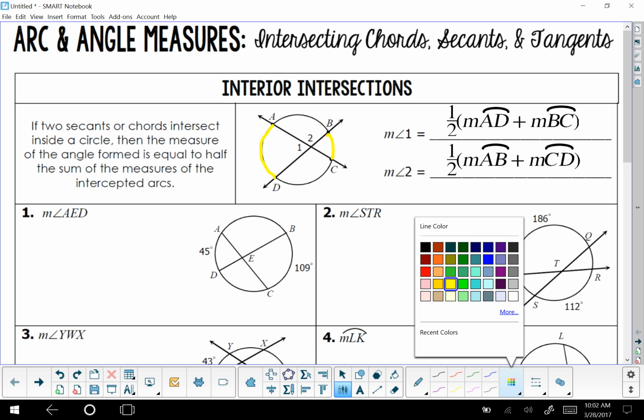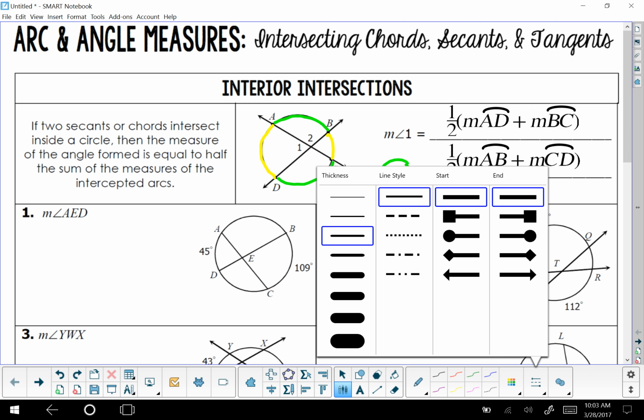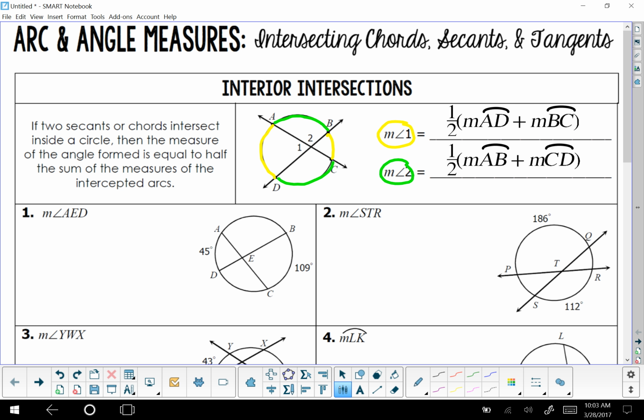In order to find angle 2, you're going to look at the two arcs that are around angle 2, which would be AB and DC. And you're going to take half of that.